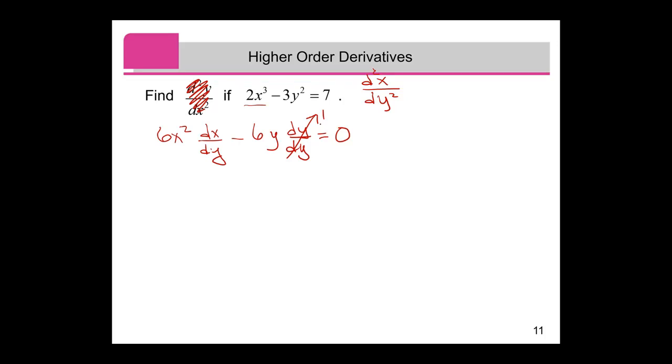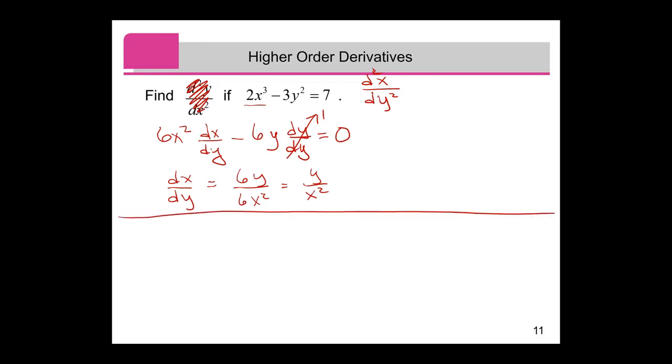So let's solve for dx dy. I'm going to add 6y to both sides and divide by 6x squared, right? So I have dx dy is equal to 6y over 6x squared, which is equal to y over x squared. Okay? All right. So now, let me get another color.